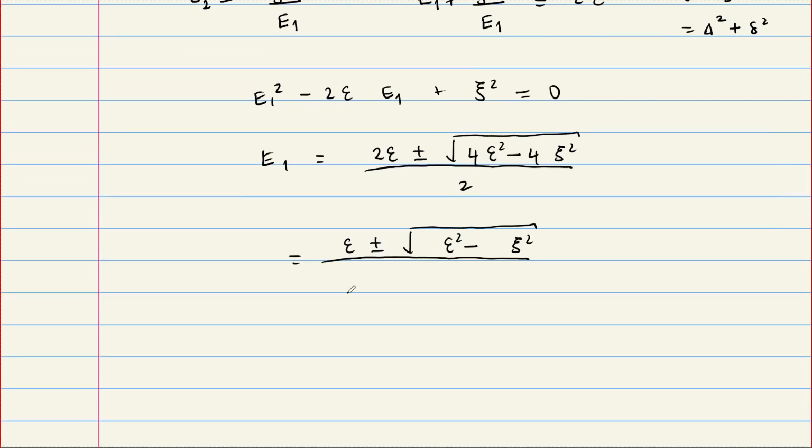Then my eigenvalues are epsilon plus or minus the square root of delta squared plus delta squared. You can do it for E2. Then one eigenvalue is E1 equal to epsilon plus the square root of delta squared plus delta squared, and the other one is the minus.